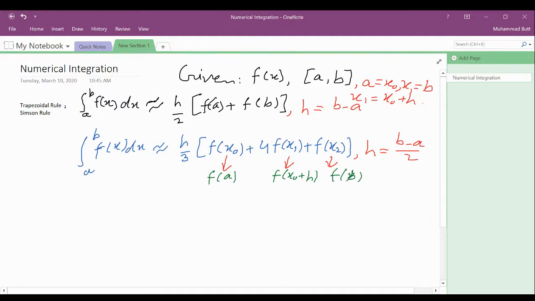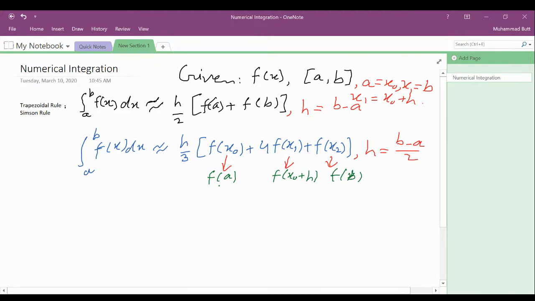And moreover, what is b? a is like x naught and b is like x naught plus 2h, which is equal to x2, and this is equal to b. This is the formula we saw in the last lecture for approximating a given f of x on the interval a to b using the trapezoidal rule and the Simpson rule.